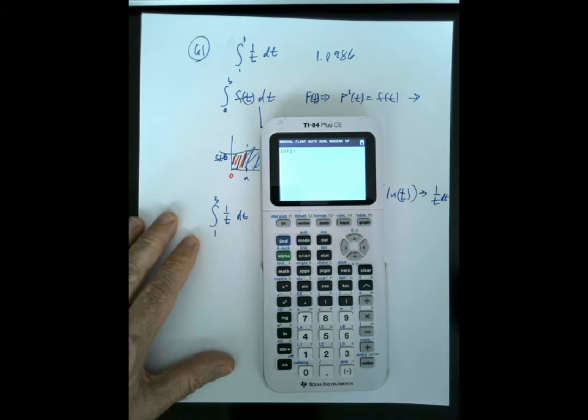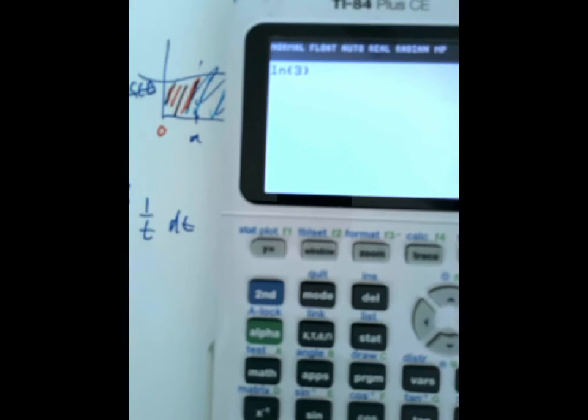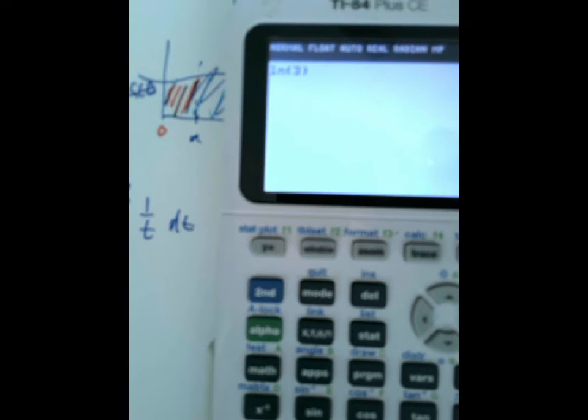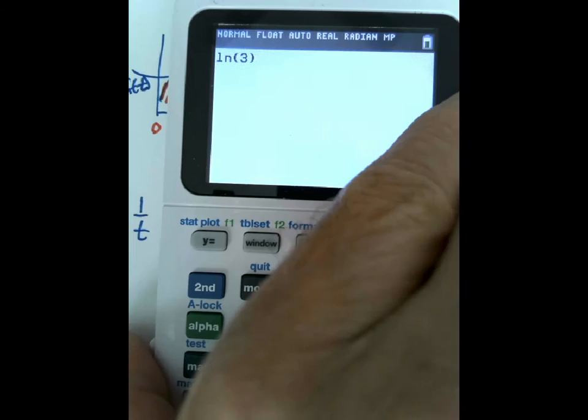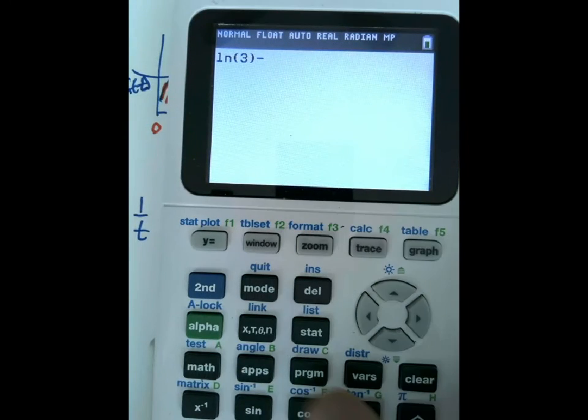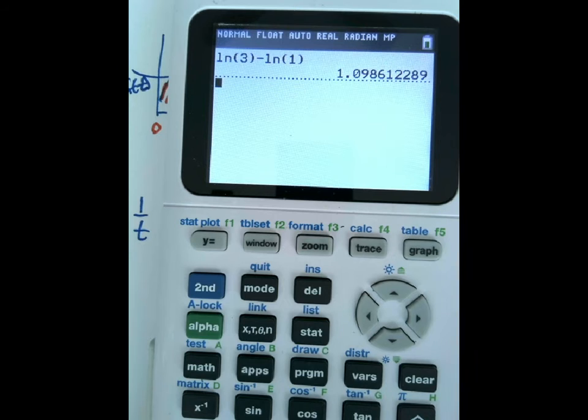I'll zoom in temporarily so you can see that. ln 3 minus ln 1. Boom. Same number that Mr. Calculator told us. So that's how that goes.